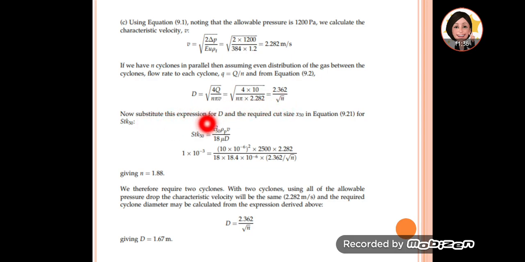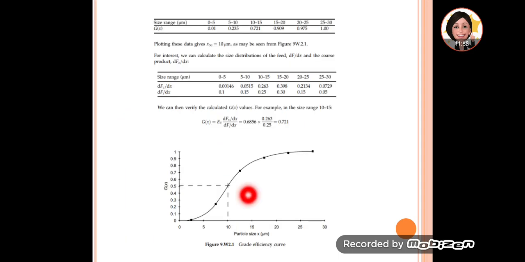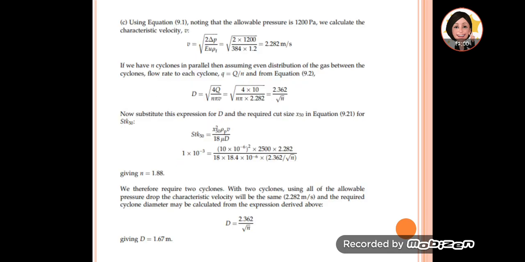And then we substitute the expression of D and the required cut size x50 in equation 50. This is the Stokes equation. The D is substituted here. The required size was 10. Stokes 50 just now, this one was 10 micrometer, so that's why it's 10 to the power of 6.